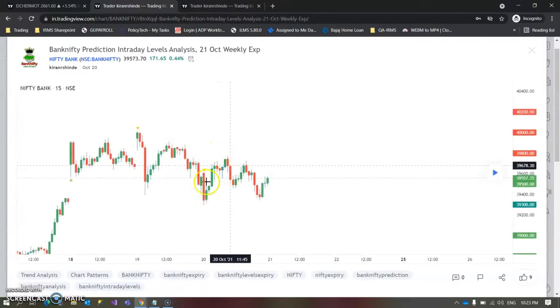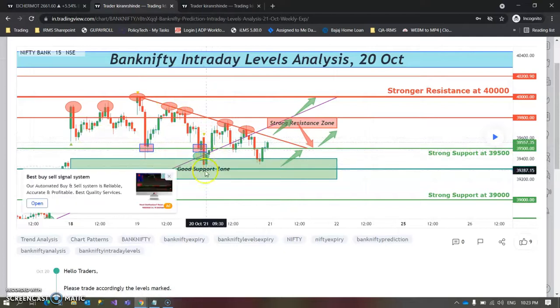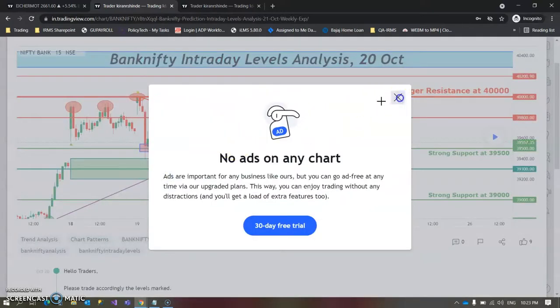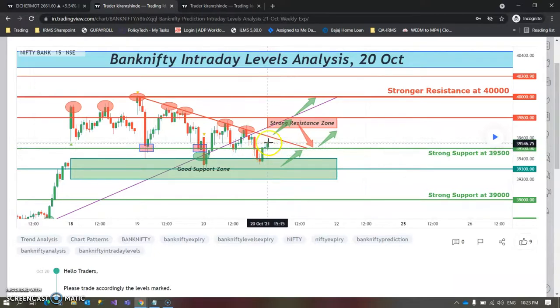I just wanted to show you a horizontal example. So this 39,500 is a horizontal line. At this particular point market took the support the first time, the second time it broke down, again it broke down in the first attempt and reversed back quickly. When it came next time, it acted as a support, then it again broke, it faced resistance. This is where we see this kind of doji candle, and then market made an upside rally.